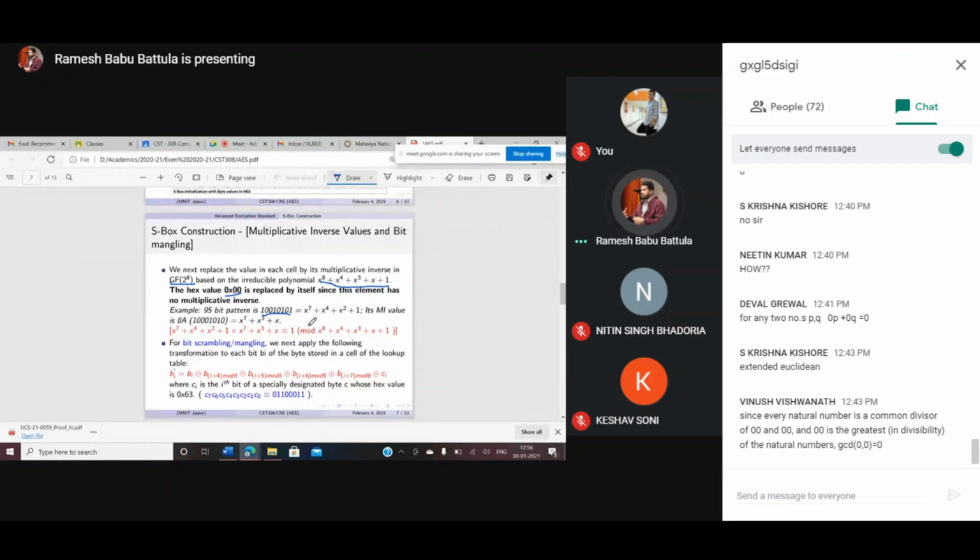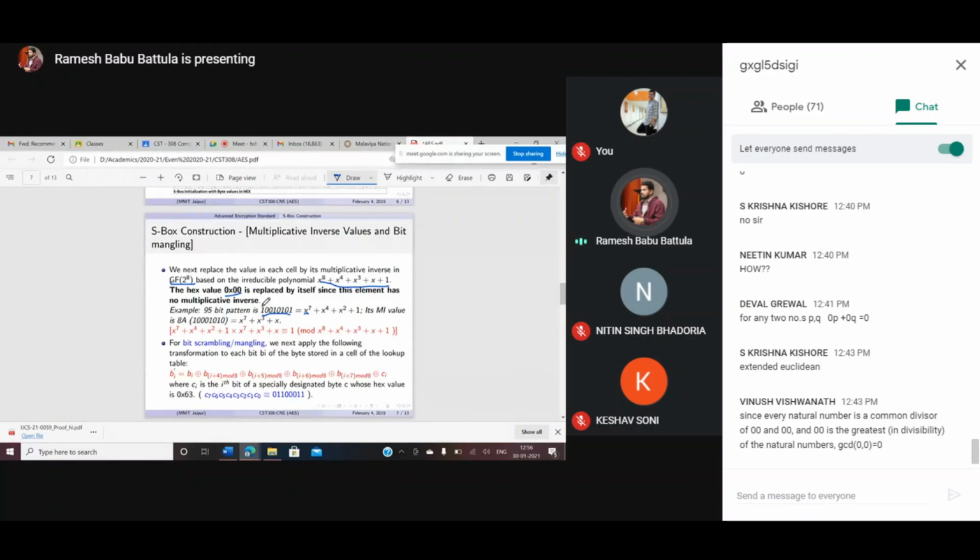Here you observe, this is the 9, 5. You need to represent 9, 5 in binary form and only consider the 1 positions. This is x power 0, x power 1, x power 2, x power 3, x power 4, x power 5, x power 6, x power 7. Wherever 1 is there, you need to choose that.